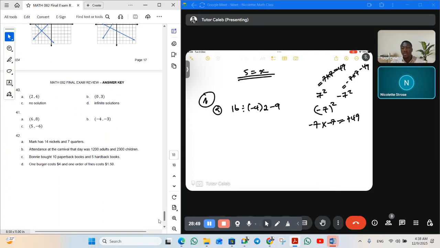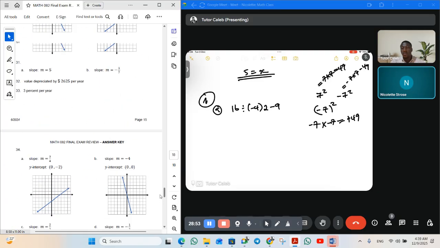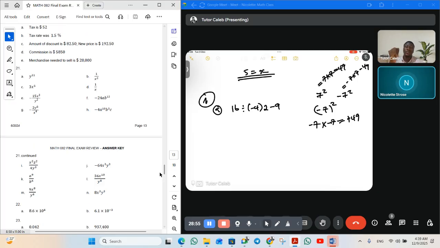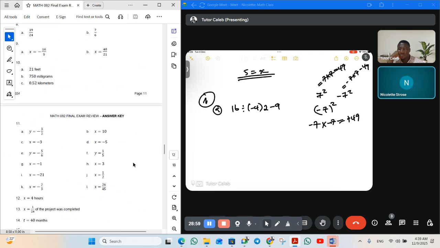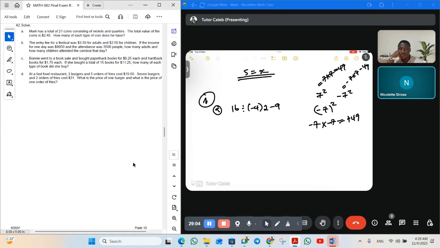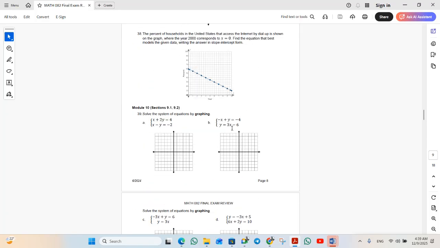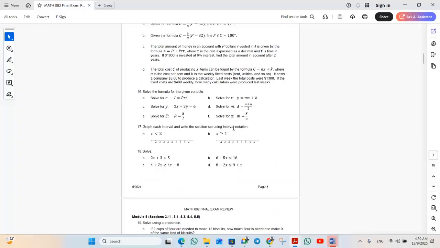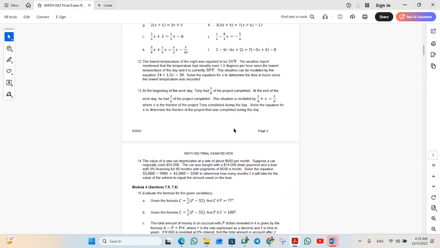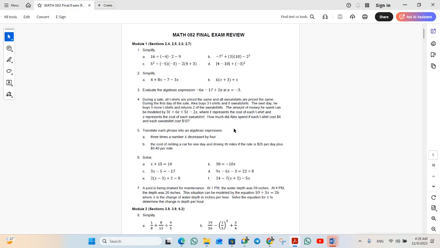Let me see. 5 squared divided by negative 5. Negative 3 minus 2.